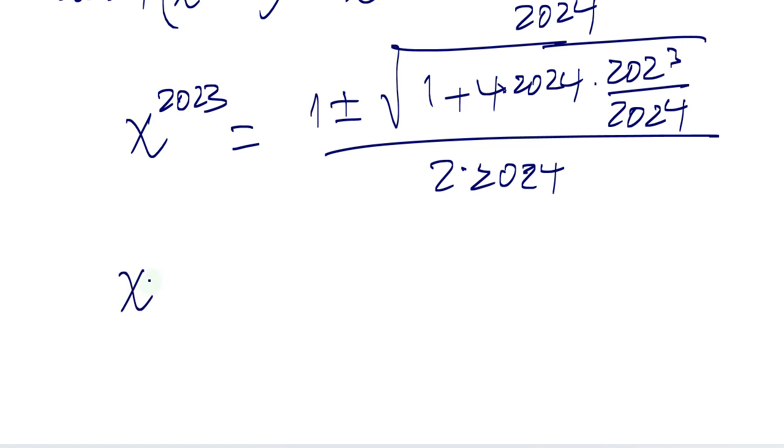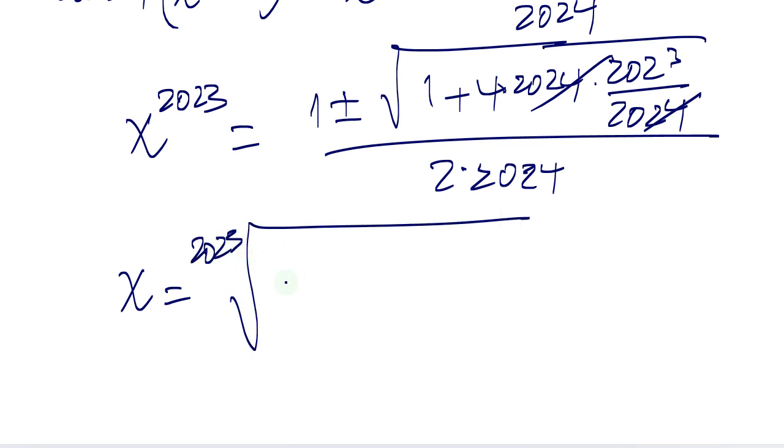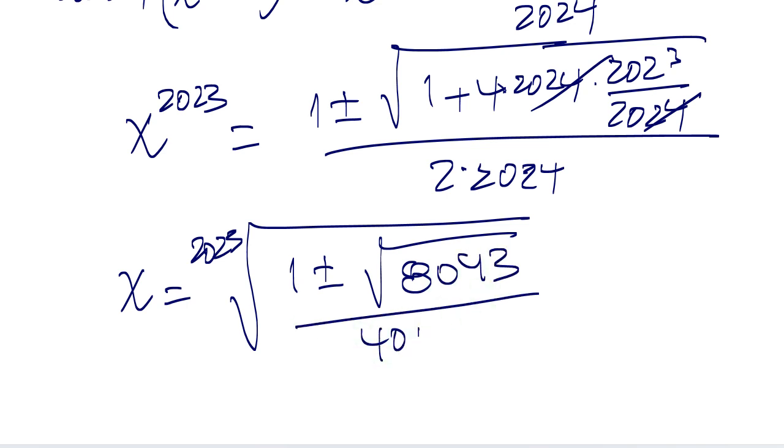So guys, we have then that x then is equals to 1 plus or minus, we cancel this one in this, and then we will have square root, I mean, if we write in x here, so this is gonna be, let's put here this root, so this is gonna be 2023, and then here we will have here 1 plus or minus square root of 8093 divided by 48.